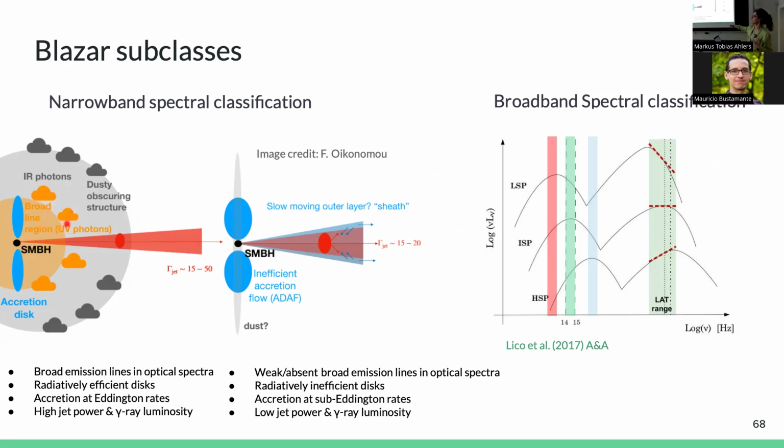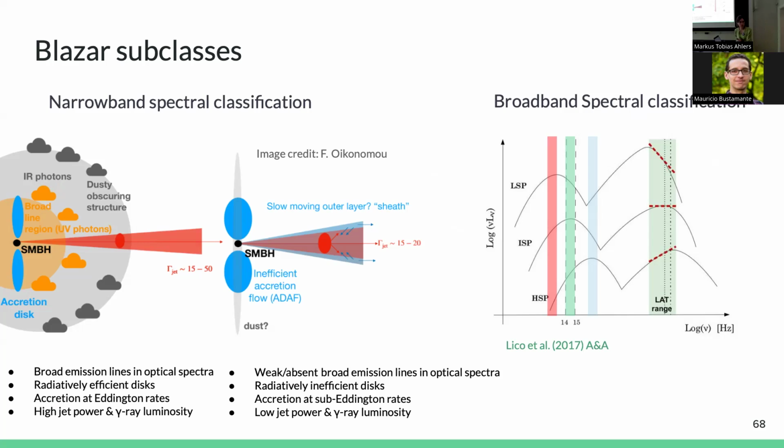So you can imagine that you have the jet propagating into a photon bath, which is of external source. So this has strong external photon fields. Whereas the low luminosity AGN, like this one, we think that they are powered by inefficient accretion flows. They have less powerful jets, and they do not have strong radiation fields external to the jet.